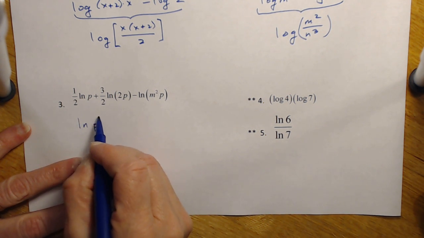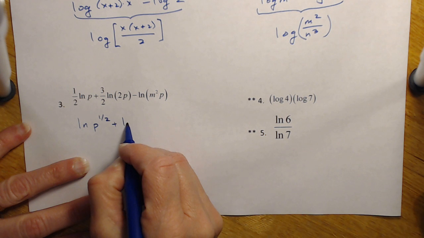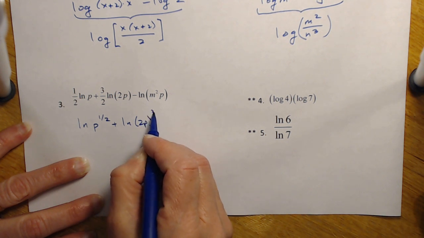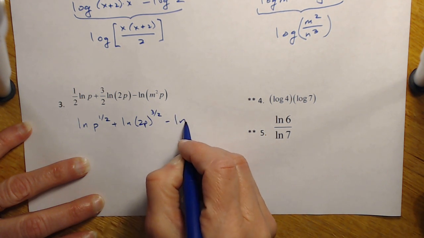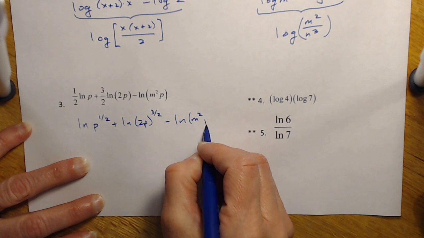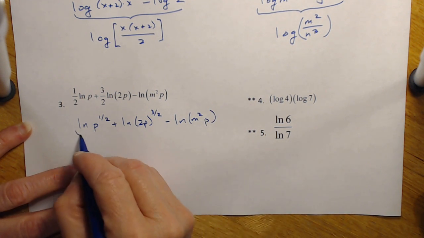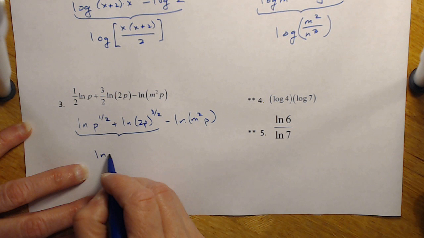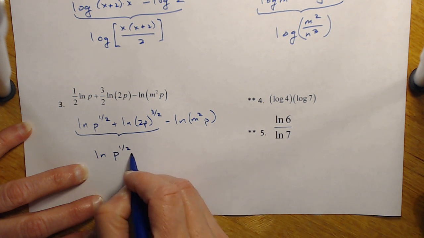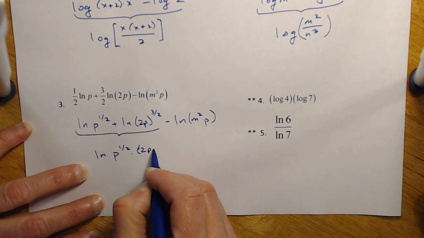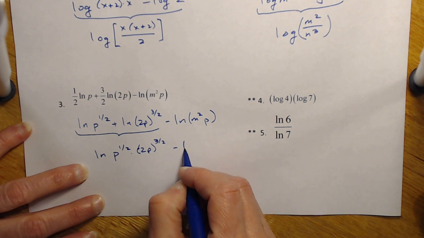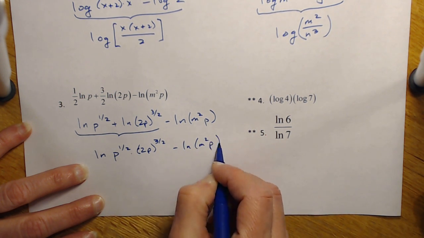Similarly here we have powers to bring up. So I'll do ln of p to the 1/2 plus ln of 2p to the 3/2. This one has no coefficient, so we're good. Okay. Again, I'll combine these first. This will be ln of p to the 1/2 times 2p to the 3/2. Okay.